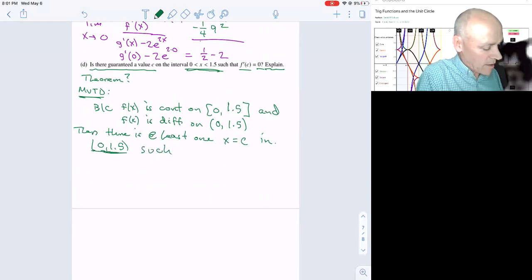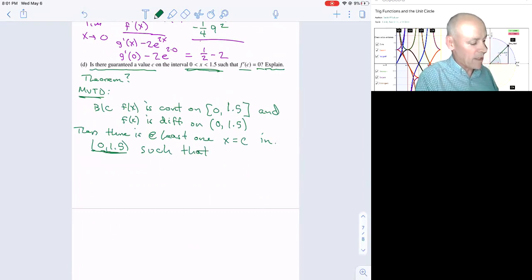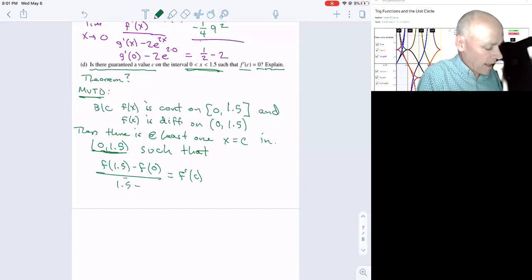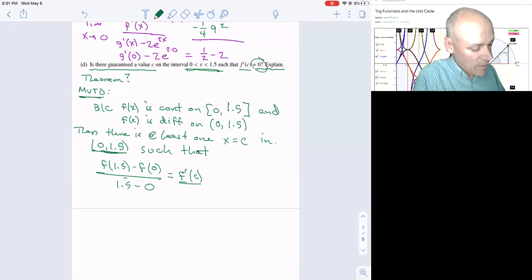Now we're ready for the such that, and the conclusion for MVT, the equation, is that f prime at c is equal to f at 1.5 minus f at 0 over 1.5 minus 0. And this whole thing has got to equal 0.